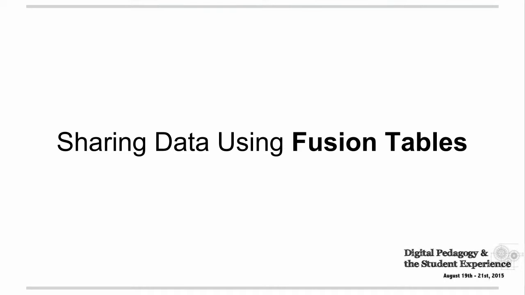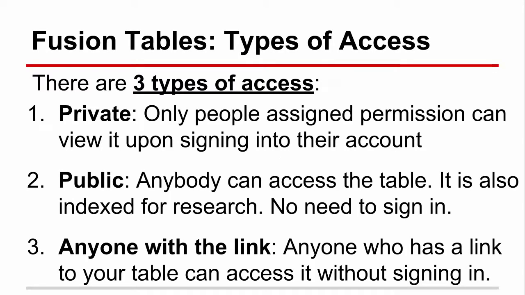How can you make your table accessible? There are three types of access. There's private, public, and anyone with a link. Private access only allows people you assign permission to view the table after signing in, and they can only view the table. Public access means that anybody can access your table and data and generate visualizations.